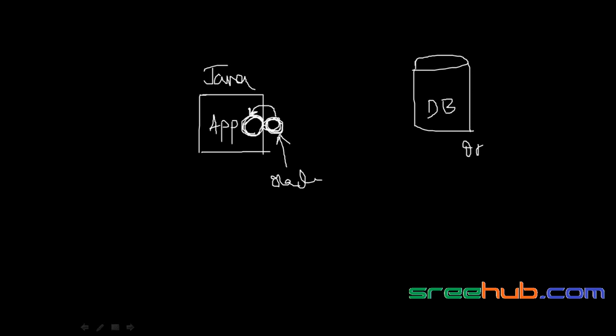So the first step is that we have to load the driver. The second step is, once the driver is ready, which means we are ready to connect to any database. Now let us say you can have any number of databases, right? Let us say you have Oracle database 1, a second database of the same type Oracle, and a third database.